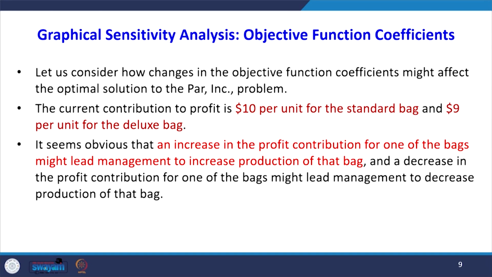It seems obvious that an increase in the profit contribution for one of the bags might lead management to increase the production of that bag, and a decrease in the profit contribution for one of the bags might lead management to decrease the production of that bag. So, if the profit contribution increases, obviously the company will go for manufacturing more bags. If it decreases, they will try to reduce the quantities manufactured.